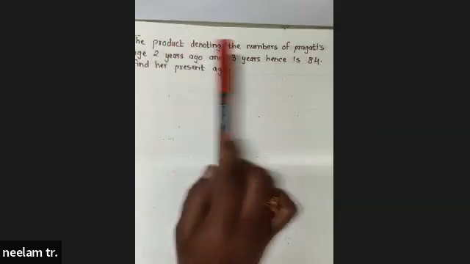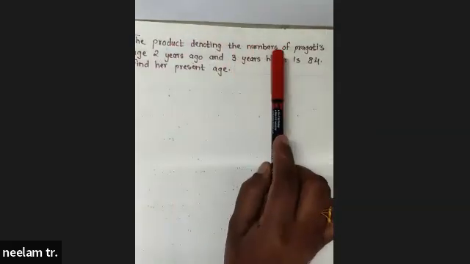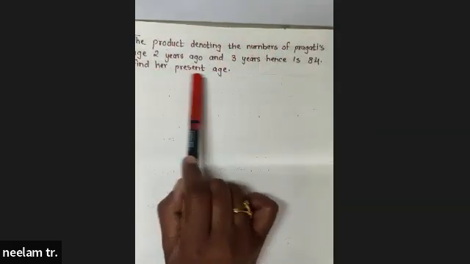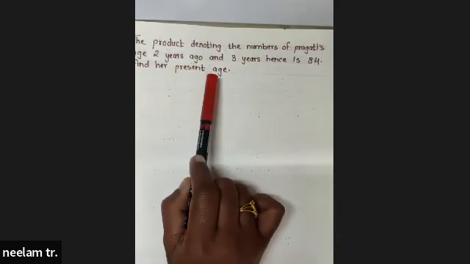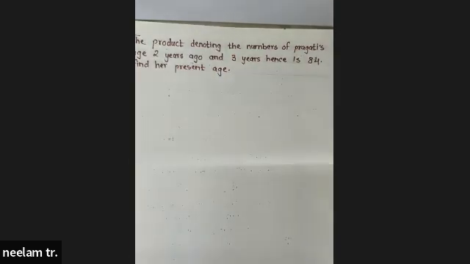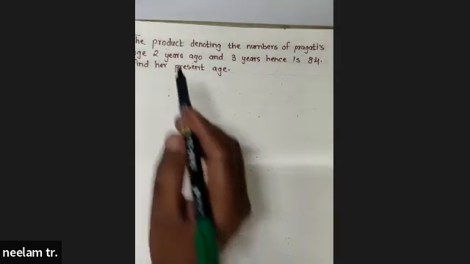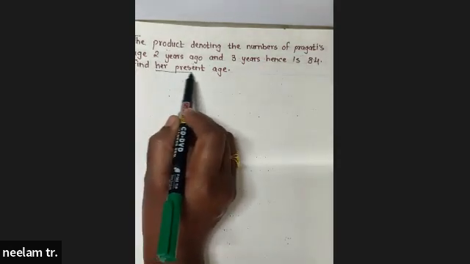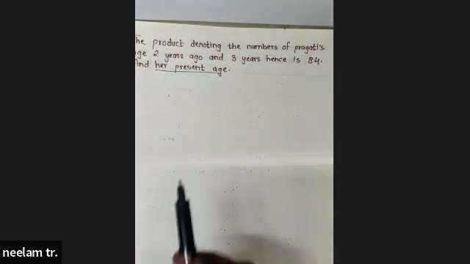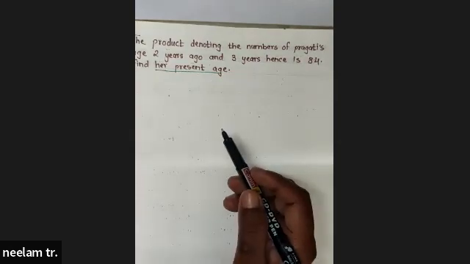The age 2 years ago is given and the age 3 years hence is given. You need to find her present age. How will you solve it? What I told you: the thing which you need to find, you will consider that as x.